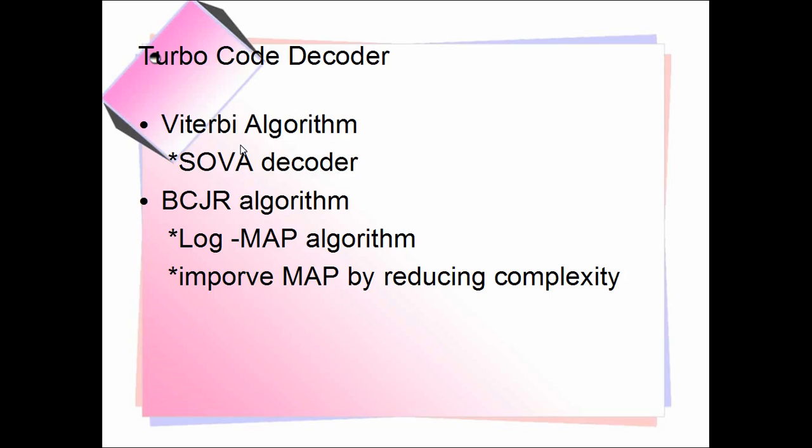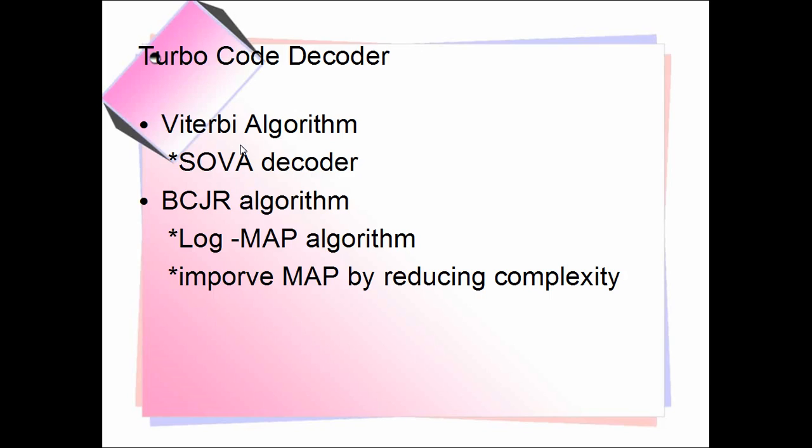The first one is the burst of bit errors. Since turbo code is a forward error correction code, which mainly focuses on reducing burst errors, but the Viterbi algorithm will produce burst errors during this process, so it will degrade performance.